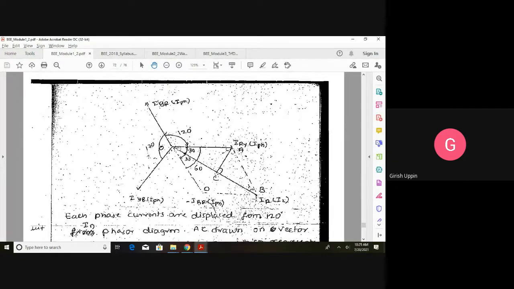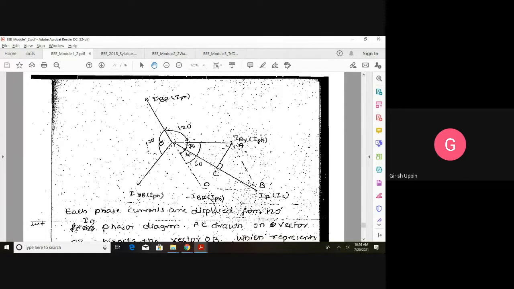Okay, IR is equal to what? IRY minus IBR. Where is IRY? This is IRY and this is IBR. If I take opposite to this, I will get minus IBR. So I will take opposite direction like this. This is minus IBR. Vector sum of IRY and minus IBR will give me the IR, which is a line current. And this is 30-degree, similar to what we did in the previous case, that is star connection.